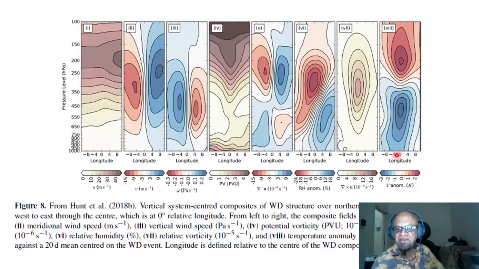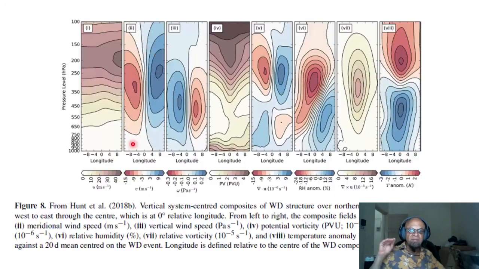You can basically see temperature anomaly, for example, colder and warmer. So you have kind of a stable system there, and you have basically relative vorticity being nearly barotropic, and the zonal wind speed showing the upper level jet, and the meridional velocity showing the convergence and rising ahead and subsidence.